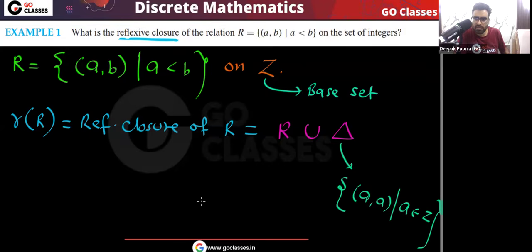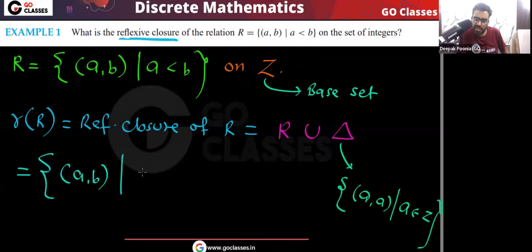So when you do R union identity relation, what will you get? You can see this relation R has pairs (a, b) where a is less than b, union with (a, a).